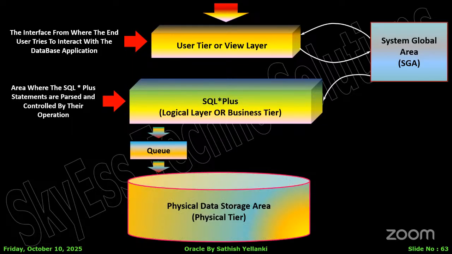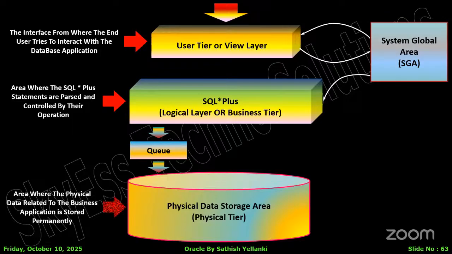Through those queue management services, Oracle contacts the corresponding database physically where your data is. So are all the requests from the end users reaching the physical tier? No. This is an area where the physical data related to the business applications is stored permanently.